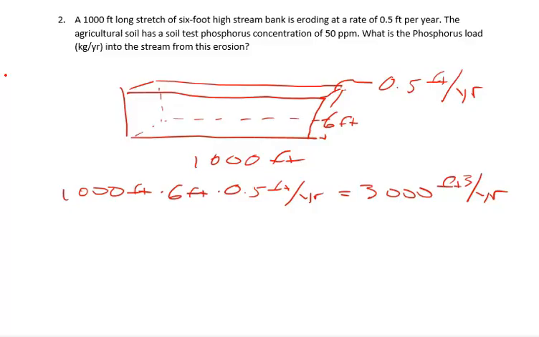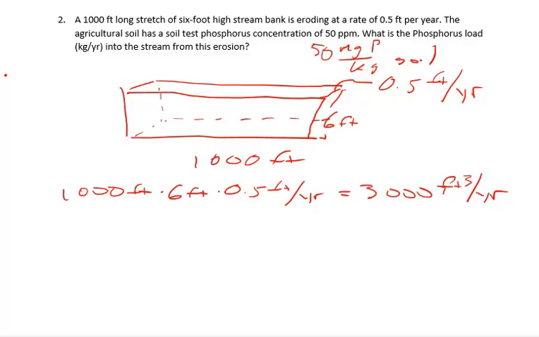So I want to know how much phosphorus is in there. 50 parts per million. I have volume of soil. Parts per million is 50 milligrams of phosphorus per kilogram of soil. So I need to get from this volume to a mass of soil, the kilograms of soil.